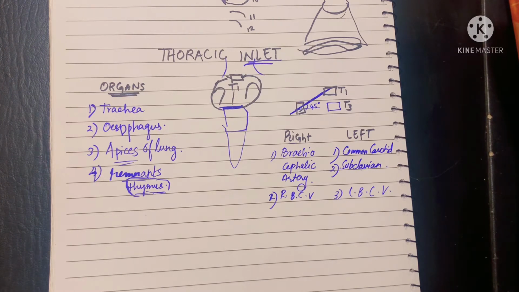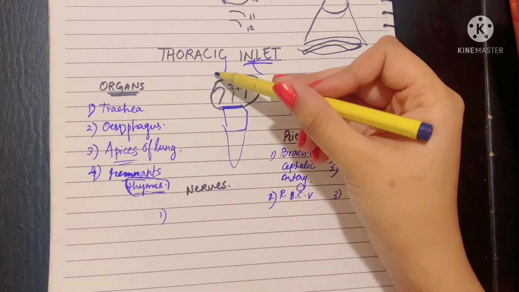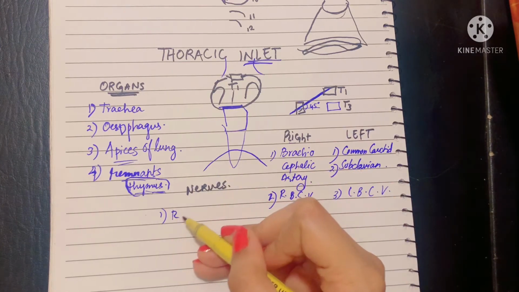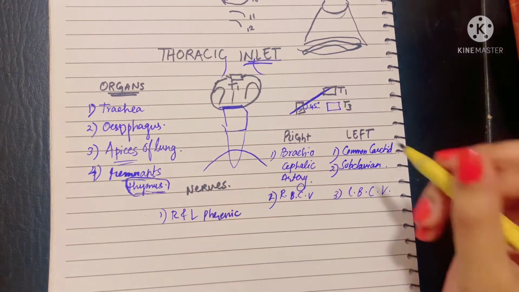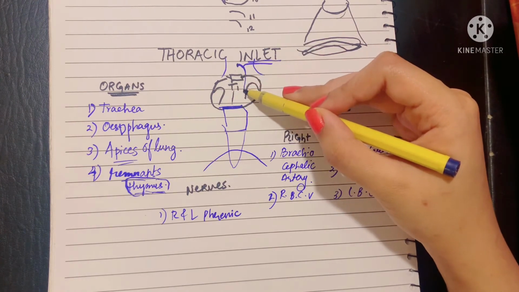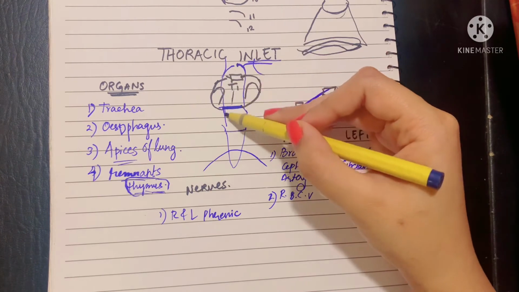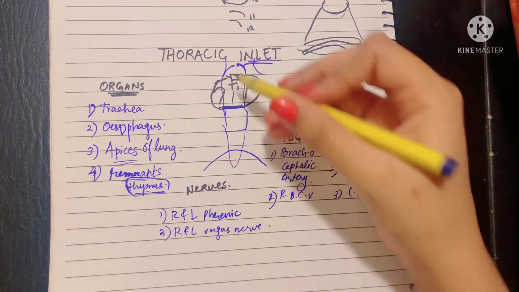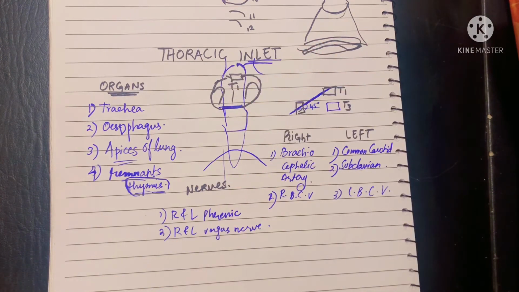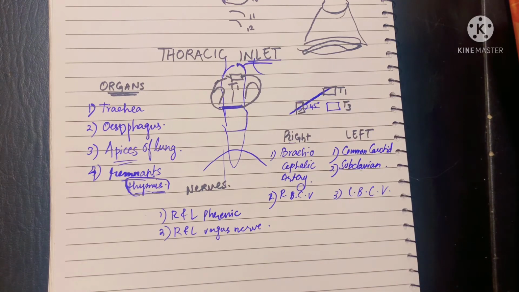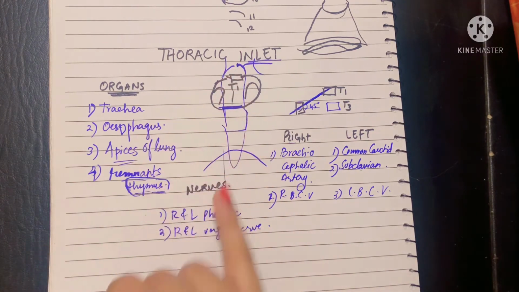And finally, what is important are the nerves that pass through the inlet. These include the nerves that have to pass through this inlet to go to the diaphragm, which is the phrenic nerve, so the right and left phrenic nerves. Apart from this, there is a nerve that comes from your cranial area to supply the thorax, which is the vagus nerve. And then we have the sympathetic trunks. The discussion of sympathetic trunks will be done later in this chapter, but these are very important structures that pass through the thoracic inlet.